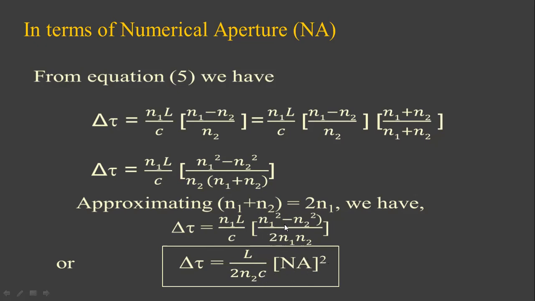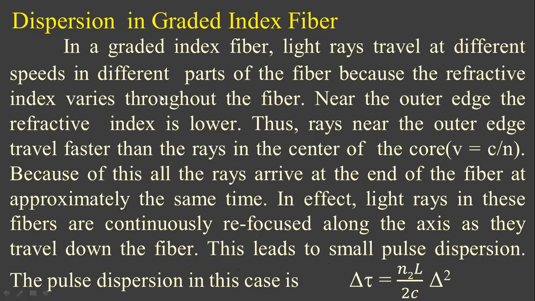Actually, N1 square minus N2 square is nothing but the numerical aperture squared. So we got the numerical aperture in the equation. This expression I obtained just now is the expression for time delay in the case of a step index multimode fiber.